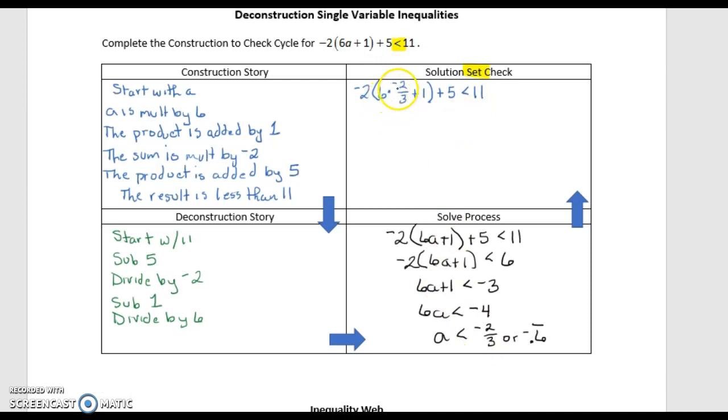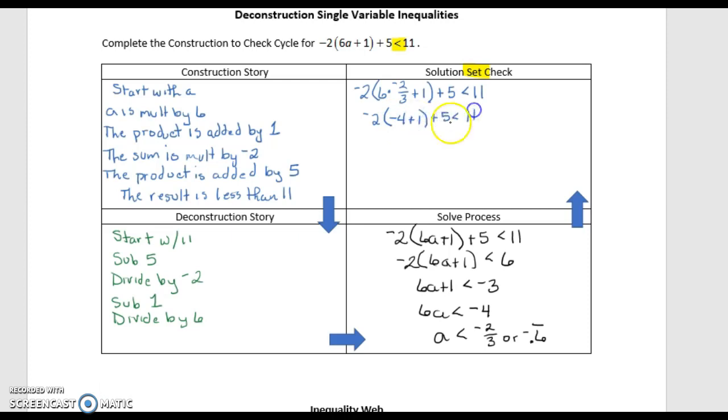So 6 times -2/3, so I have 6 copies of -2/3. Well, if 1/3 times 6 is going to give us 2, then 6 copies of -2/3 must give us -4. So we have -2 times -4 plus 1 plus 5.